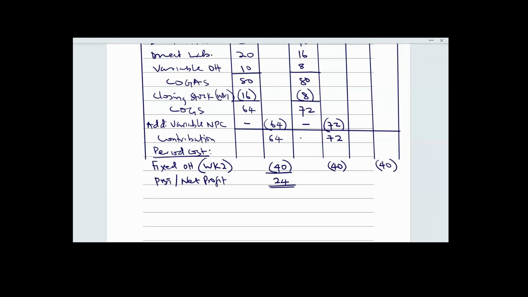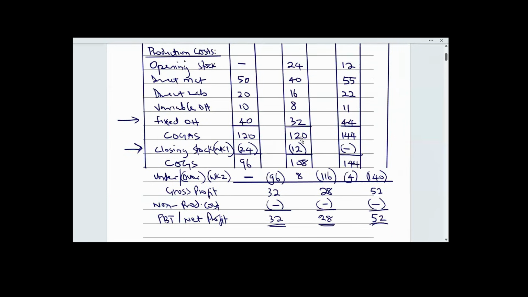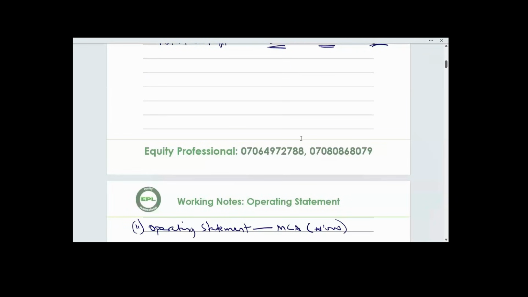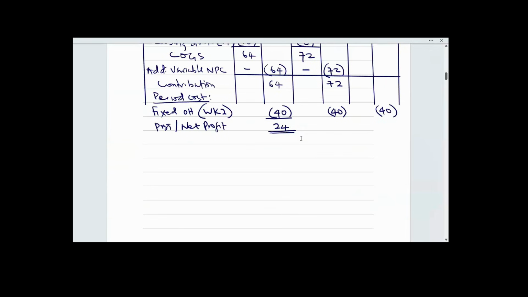So you can see it is constant, but under the absorption costing, your fixed production overhead is changing. In the first period, it was 40,000. In the second period, 32,000. In the third period, it was 44,000, because it was based on the actual units produced. That's why it is changing. It's part of production cost. But under the marginal costing approach, it will remain constant because it is based on the budgeted output.